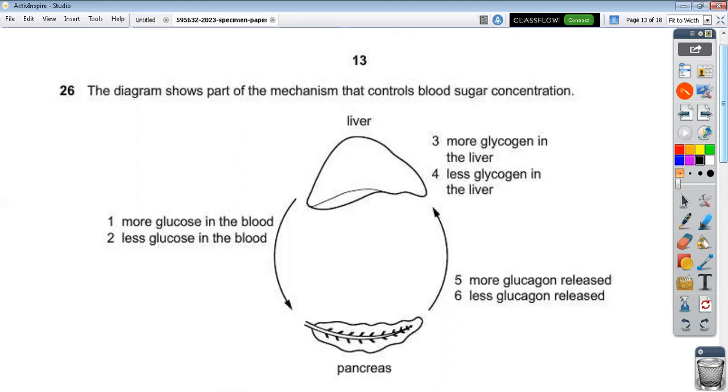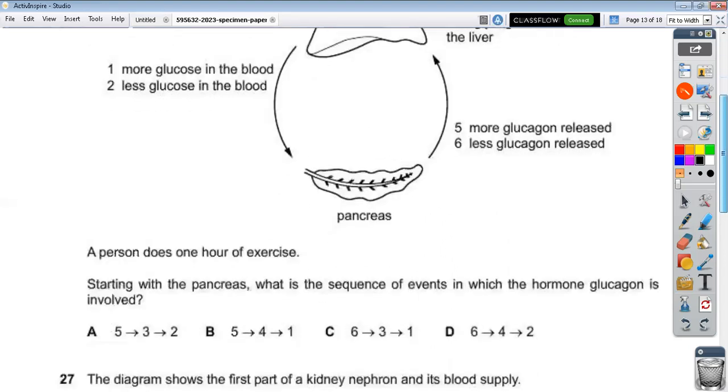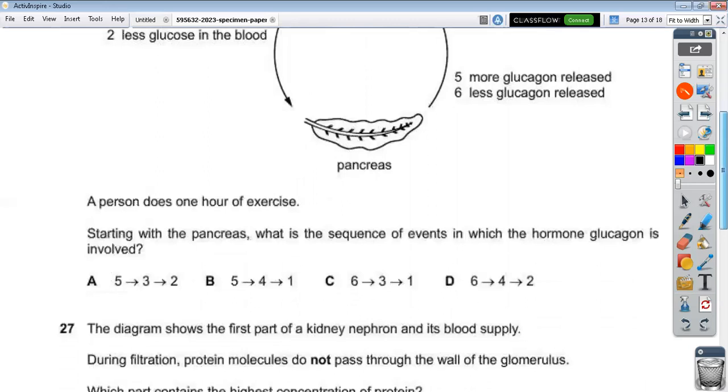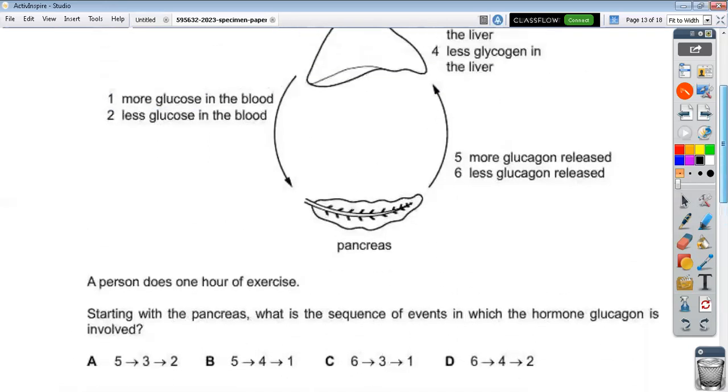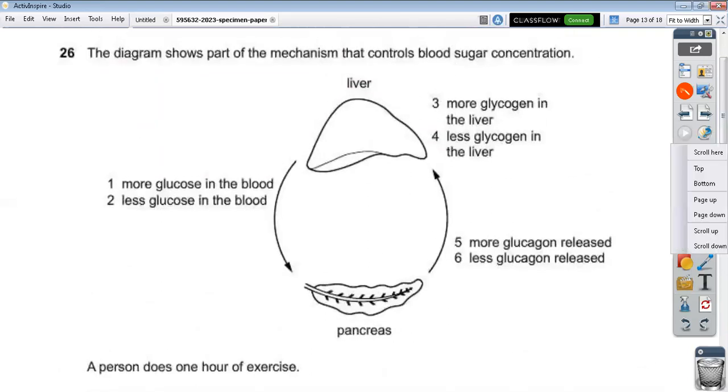Now they need the correct sequence of things. Think of what we've just said.